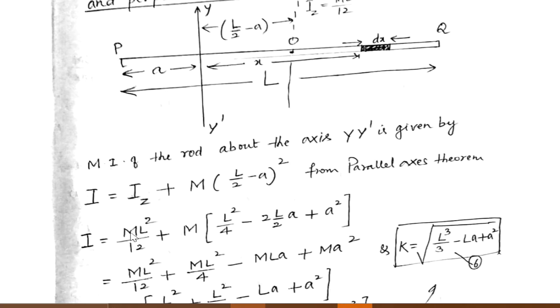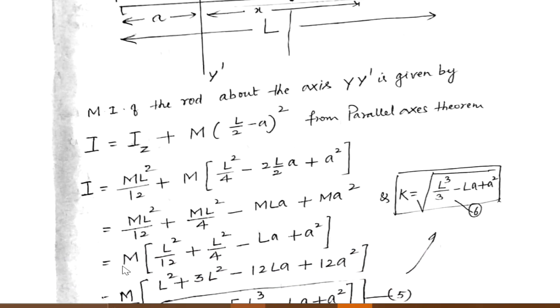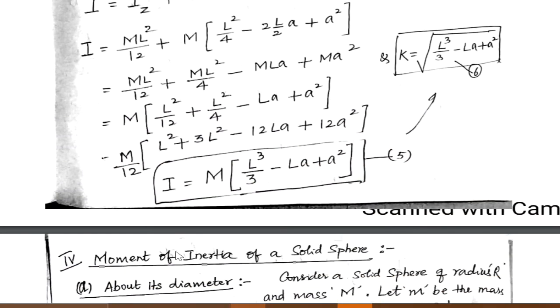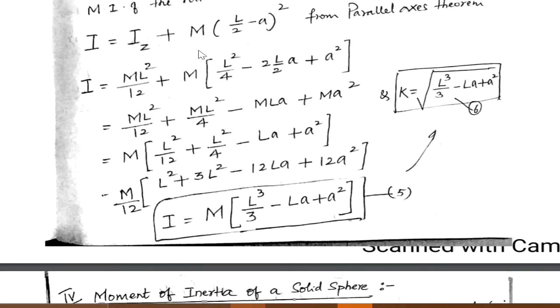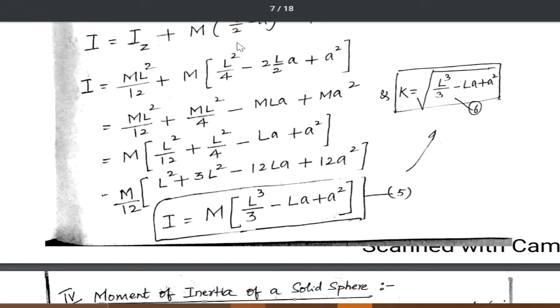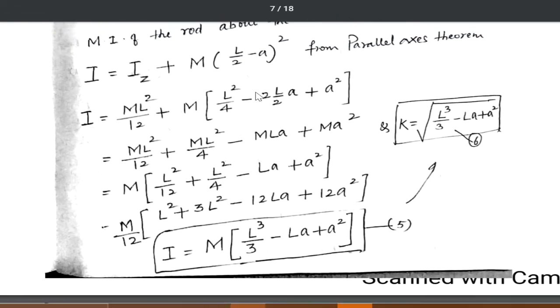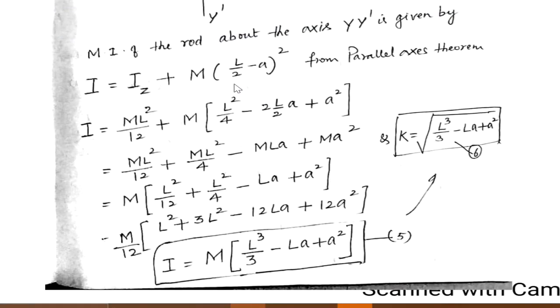Next substitute Iz is ml square by 12 plus m, take LCM, expand this term, L by 2 minus a whole square, which is L square by 4 minus 2 into L by 2 into a plus a square.